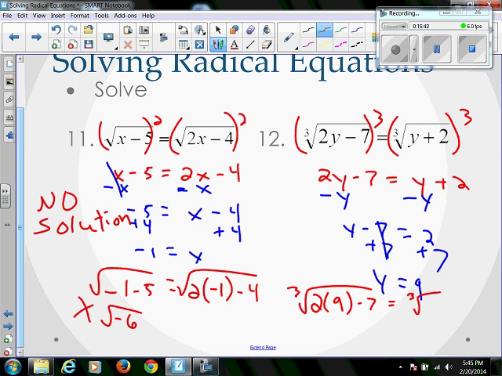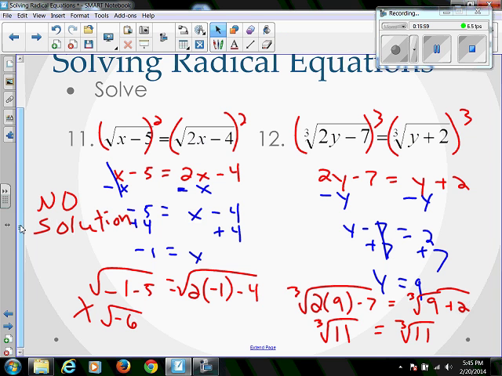We have 2 times 9 is 18 minus 7, cube root of 11. 9 plus 2 is 11, so we have the cube root of 11. Cube root of 11 equals the cube root of 11. So our answer is y equals 9. Here's some problems for you to try and turn in.